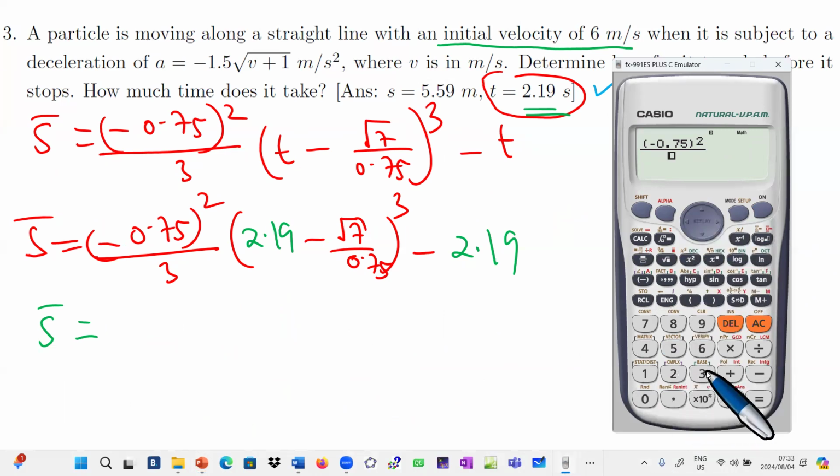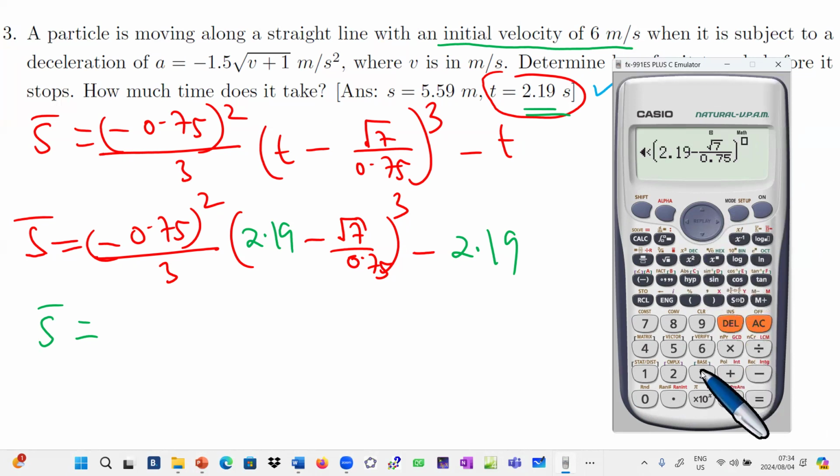You square this, divide by 3, multiplied by 2.19, minus the square root of 7 divided by 0.75. 3 out of 4 is exactly that.